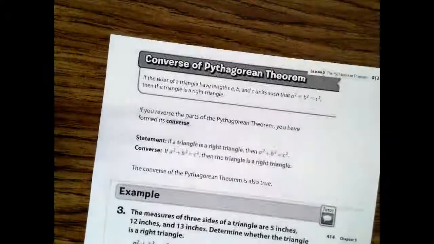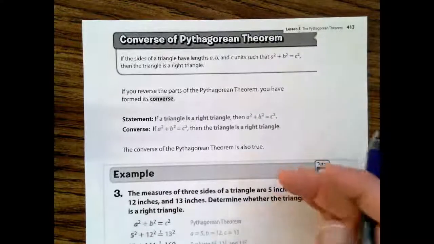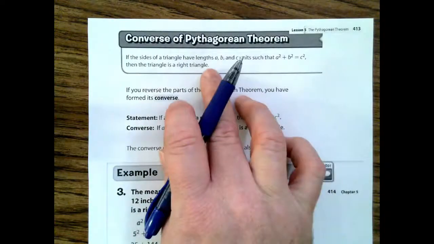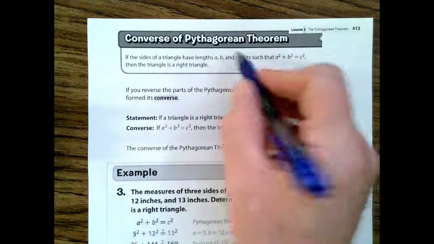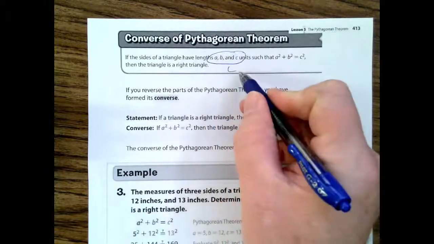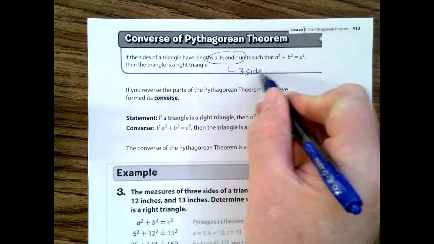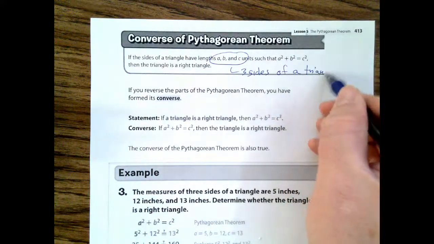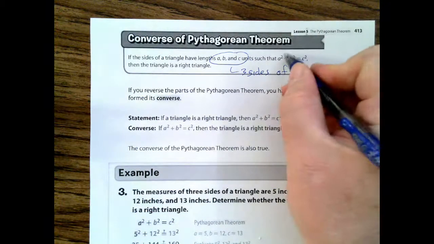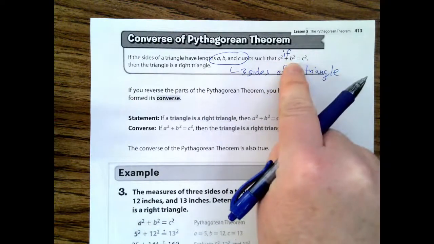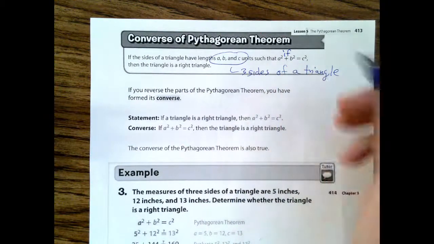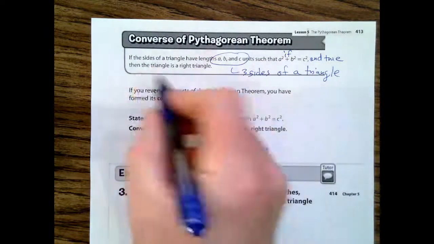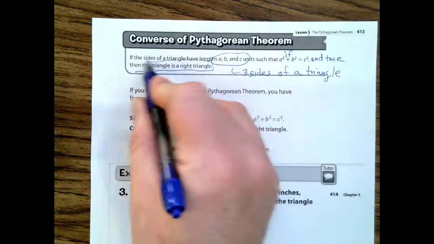And finally, we get to the converse of the Pythagorean theorem. That says that if you have a, b, and c, these are the 3 sides of a triangle, then if you put it into the Pythagorean theorem and it's true, then the triangle is a right triangle.